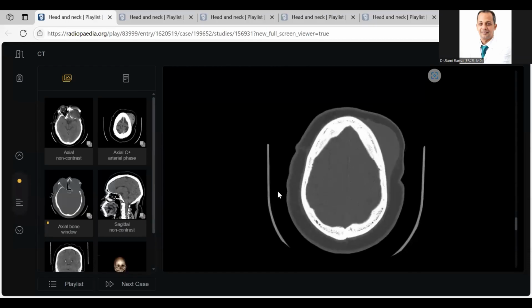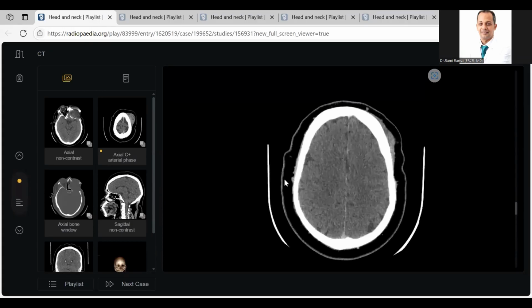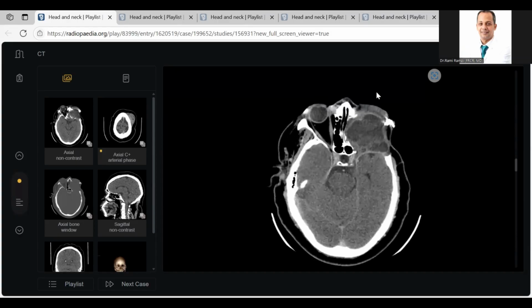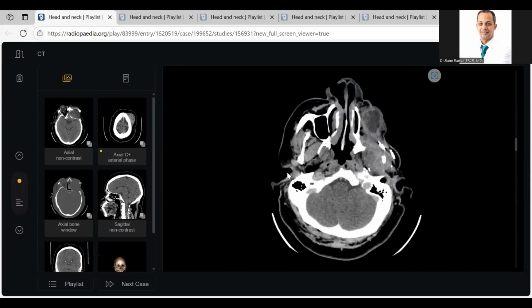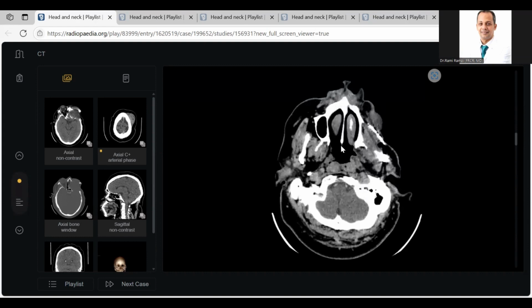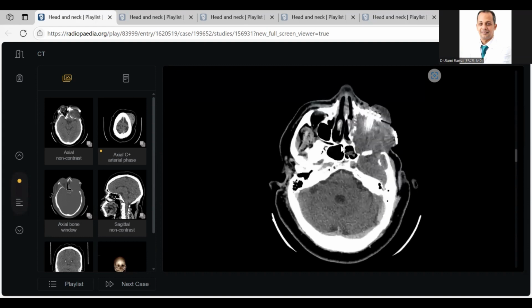There is a scalp lesion noted along the left frontal bone. After resection of a tumor, when we find it again, what is the name?